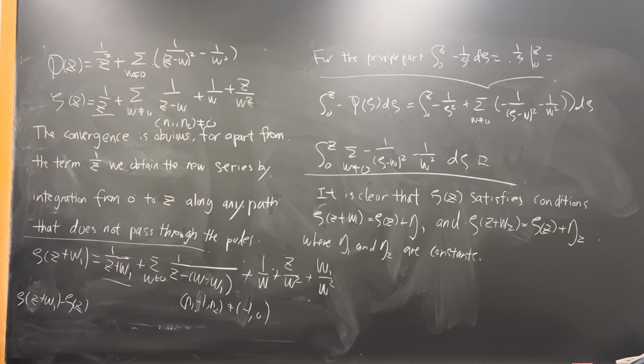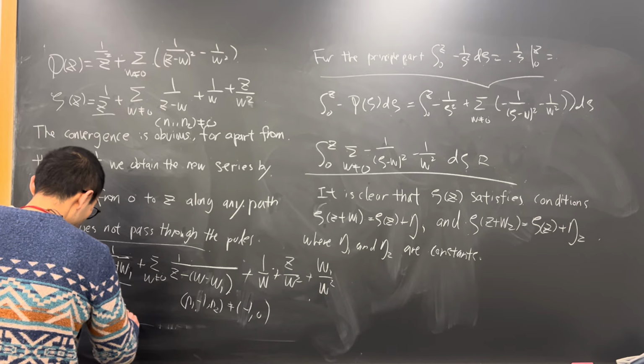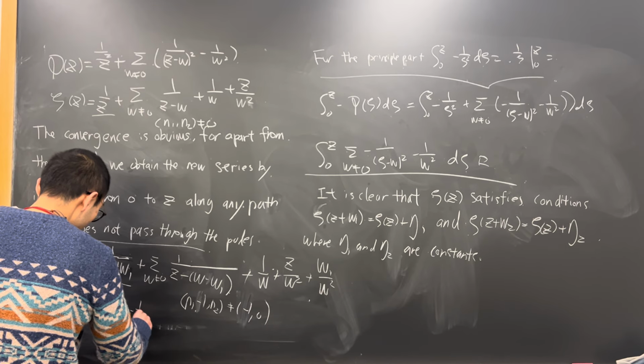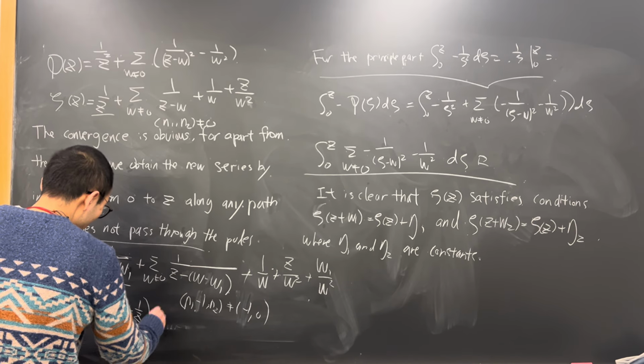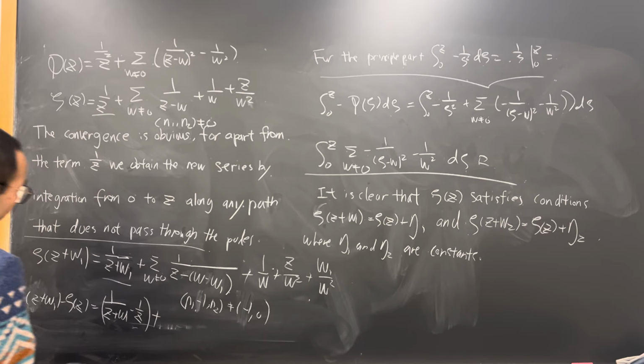Minus z to z. Which is equal to, for the first term, you get 1 over z plus omega 1 minus 1 over z. And then for the second term, what is the term that it has but it does not have?